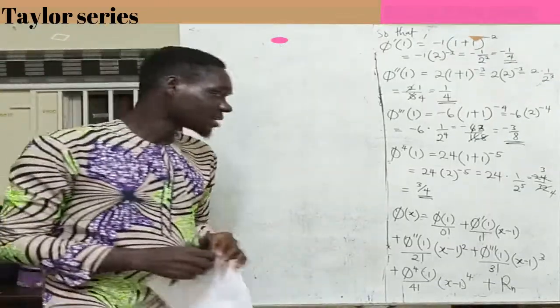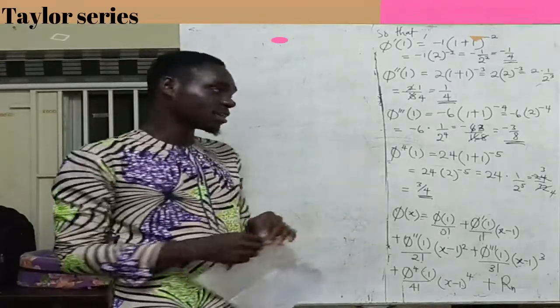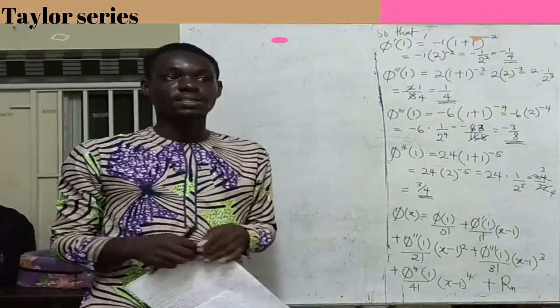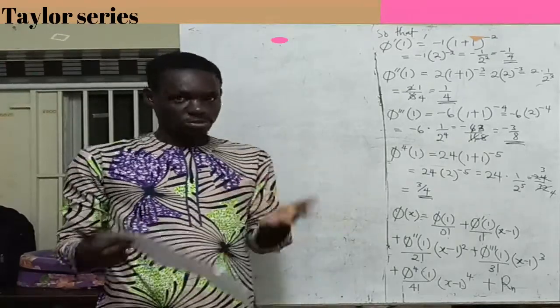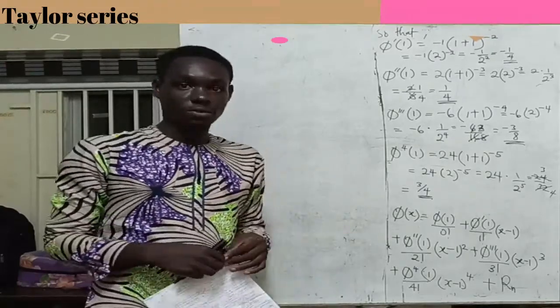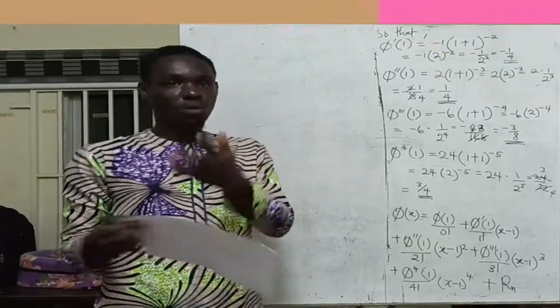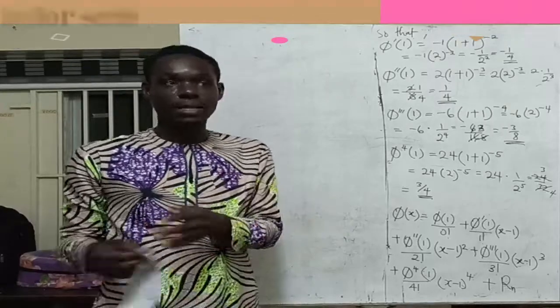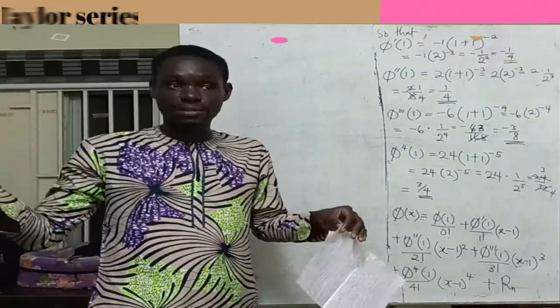Oh, alright. And that reminds me, I've been talking about polynomial function, saying that over and over again. Now, I want to believe we know what is meant by a polynomial function. If you don't, polynomial simply means a multi-term, a function with varying degrees.